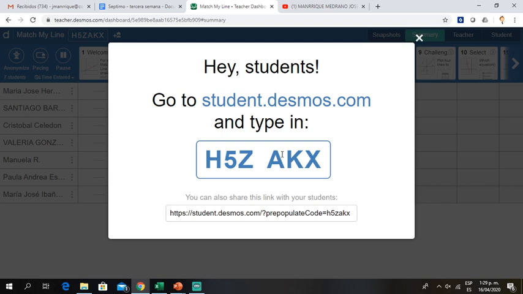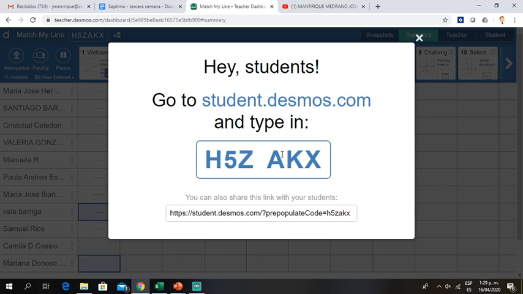Okay, everybody? Okay. In this moment, we can find María José Hermida, Santiago Barreiro, Cristóbal León.